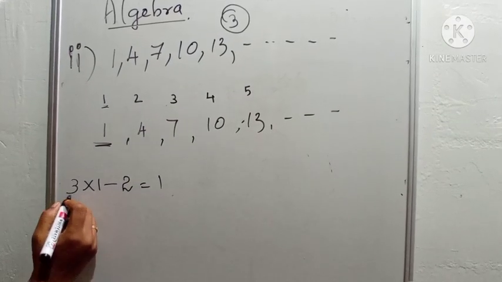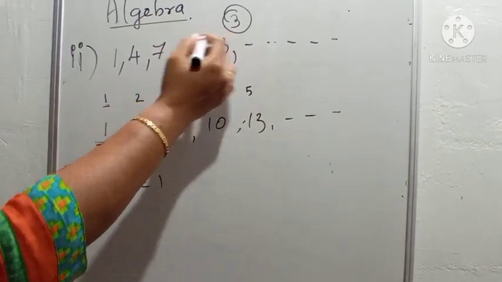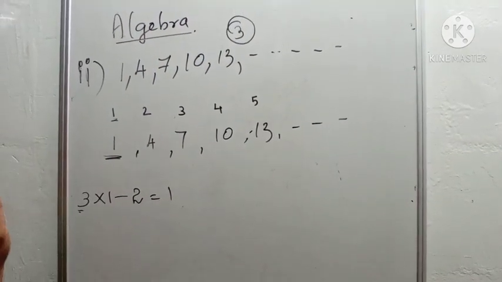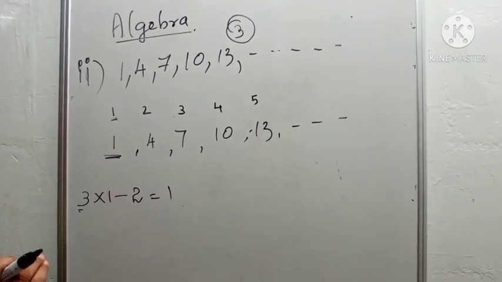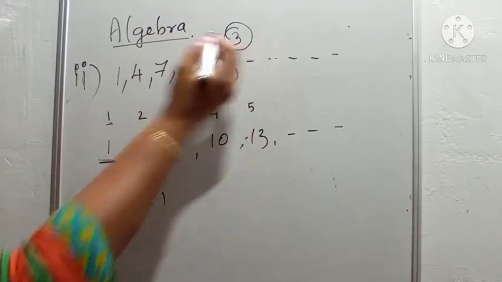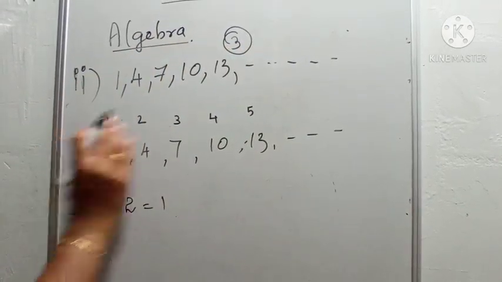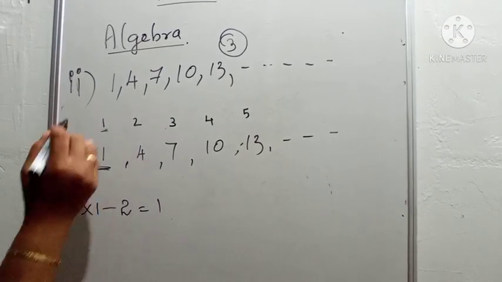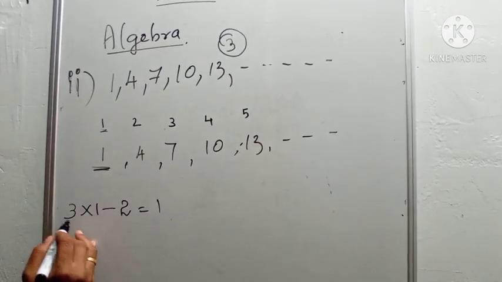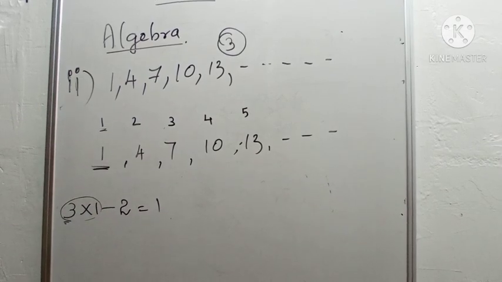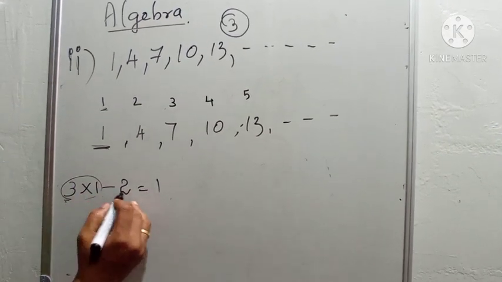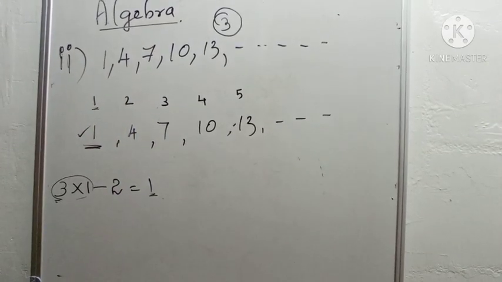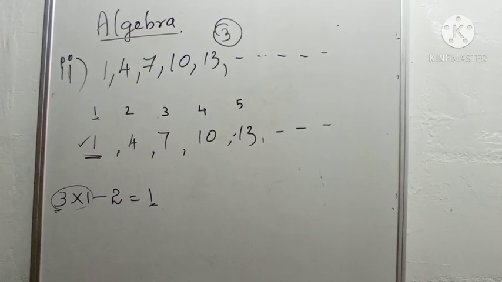Here we are finding a relation between the multiples of 3, the position and the terms. 3 into 1 is the first multiple of 3, and 3 minus 2 is equal to 1. That is the relation between the first term and the first position.